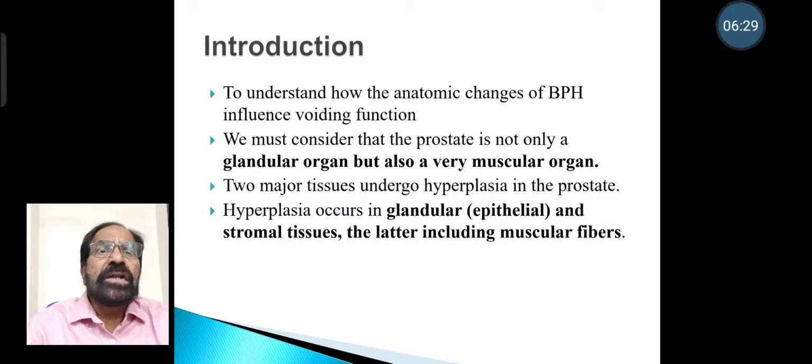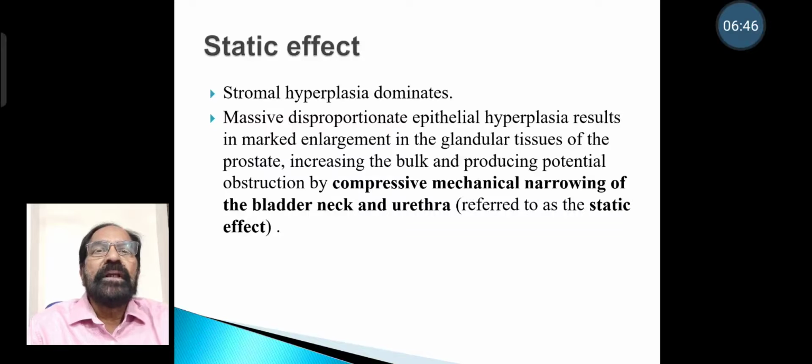Two major tissues undergo hyperplasia in the prostate. Hyperplasia occurs in glandular, that is epithelial, and stromal tissues, the latter including the muscular fibers. Stromal hyperplasia dominates.